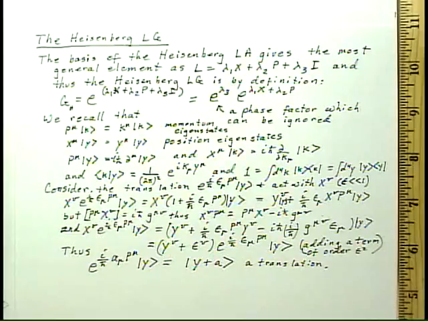Now, we can reiterate that infinitesimal transformation again and again an infinite number of times, and we will then retrieve the fact that e to the i over h bar a mu p mu, and now this is finite, is going to give us y plus a, which is a translation of the space. So it follows that p mu translates us in the space by a four position a mu. And that'll work in any number of dimensions. We just have to be careful with our normalization here of the 1 over 2 pi squared.